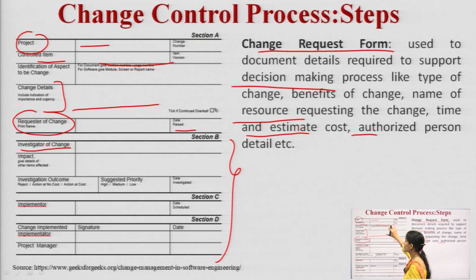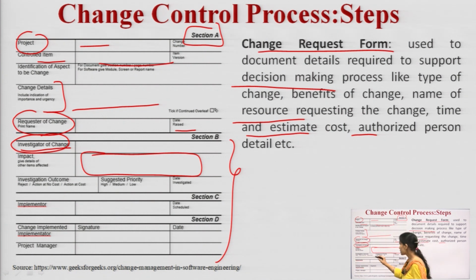First, a person proposes the changes. The change request comes as the first process. Now, it is raised by somebody, and who and why is written in section A. Then the second task is the investigator of this change, and how it is going to impact my product.